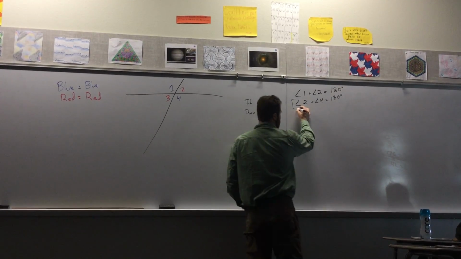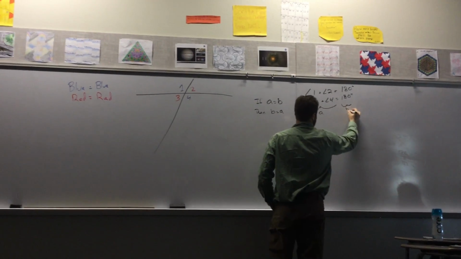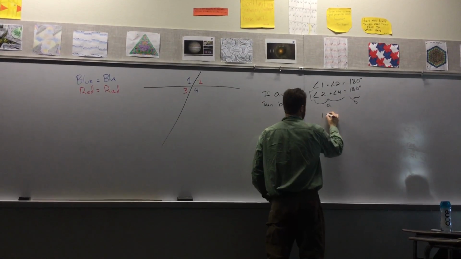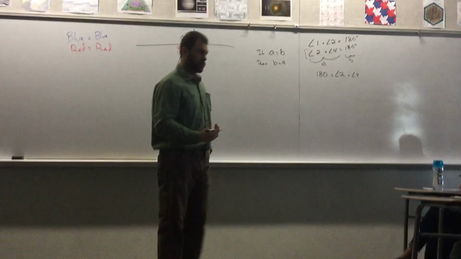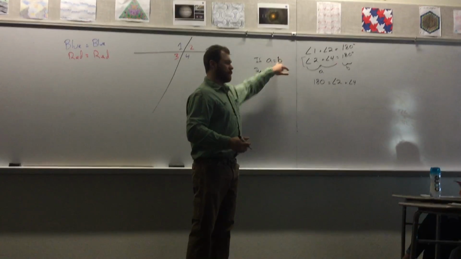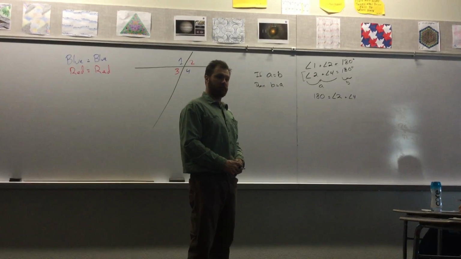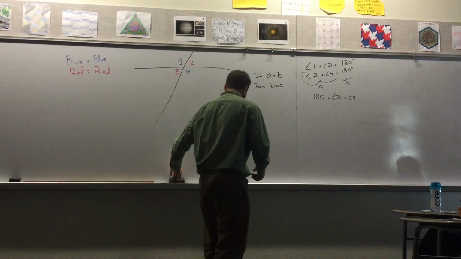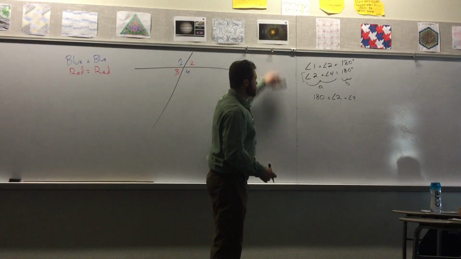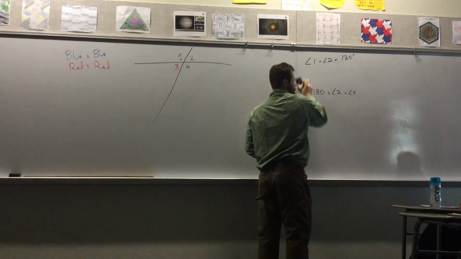All right, let's say that this is my A, and this is my B. Yeah, 180 equals angle 2 plus angle 4. Right? If the left equals the right, then the right equals the left. Okay? So that was the symmetric property. And I'm going to just get rid of this guy for now.